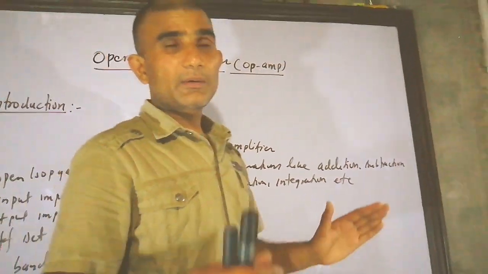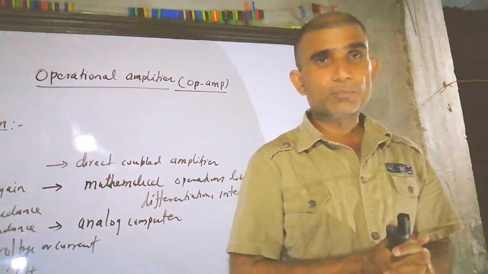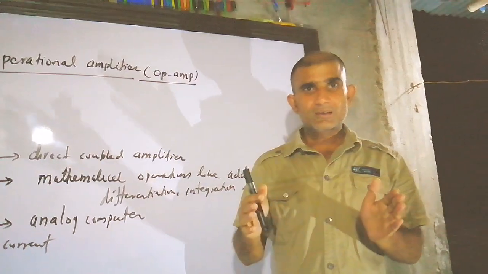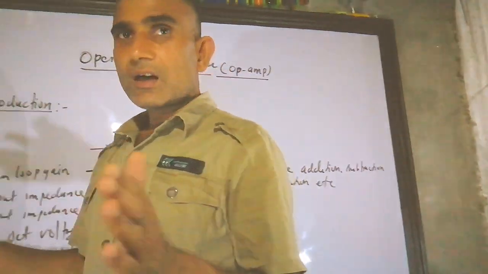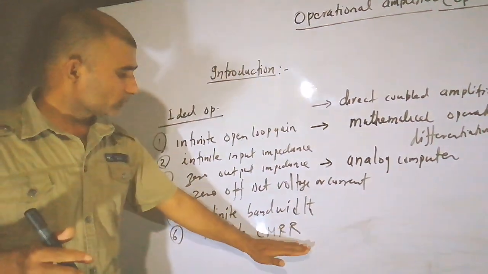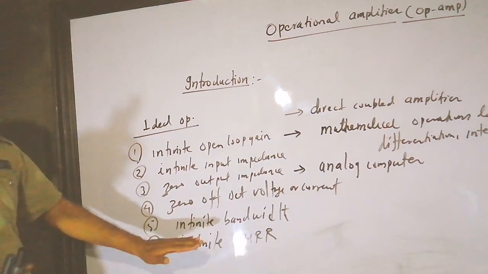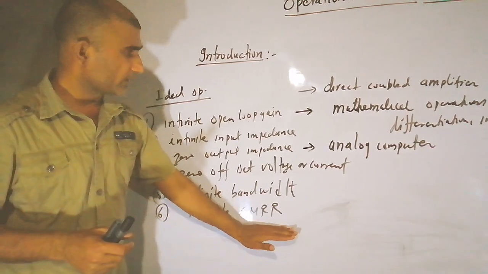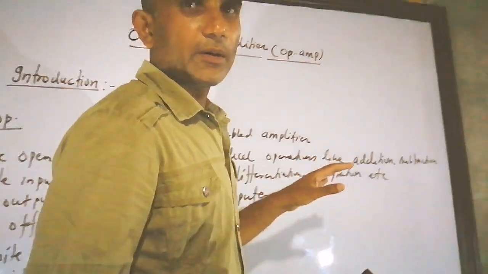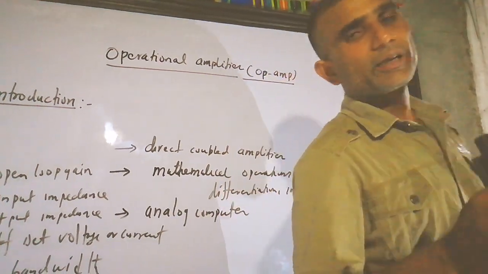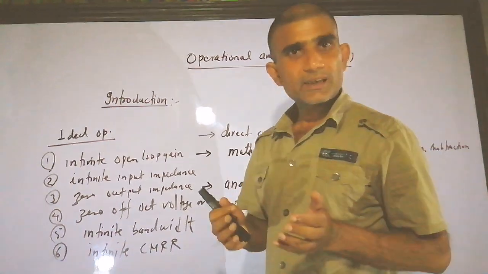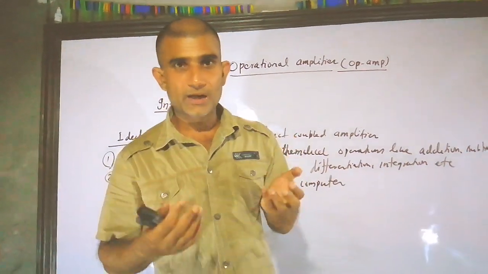It means if we give a common mode signal to both inputs, then we will get infinite CMRR. These topics we will discuss in detail because we need some more information. So this is the introduction part of our operational amplifier. When you are learning the operational amplifier, you have to keep these things in mind. What should be the characteristics of the ideal operational amplifier?